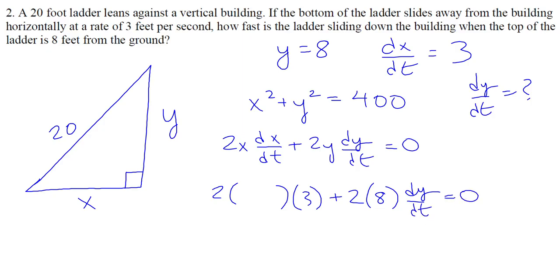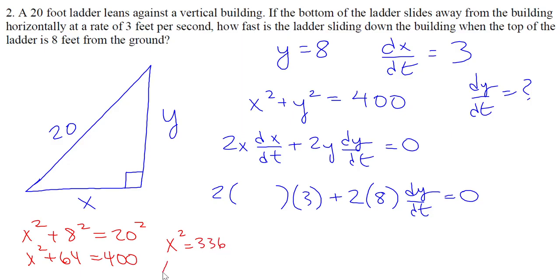Of course, we do need to figure out what our x value is. We can just use x squared plus y squared equals 20 squared, or x squared plus 64 is equal to 400, which gives us x squared equals 336. That means x is the square root of 336, which simplifies to 4 root 21. So now we'll just solve for dy/dt.